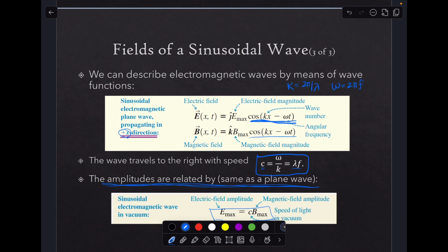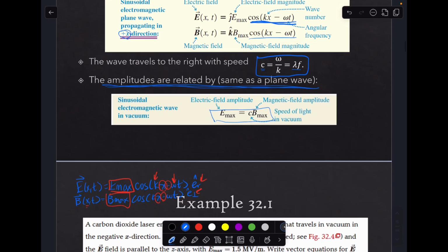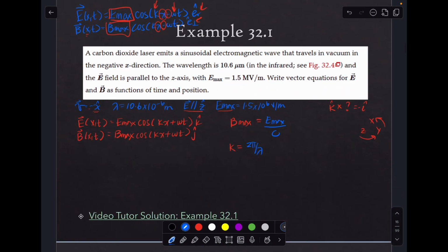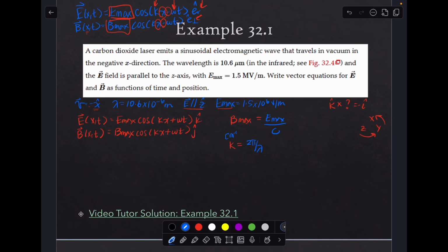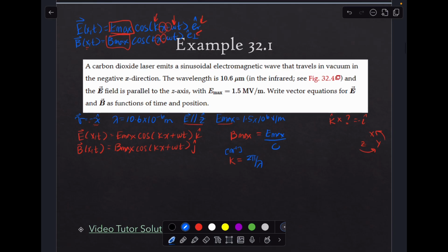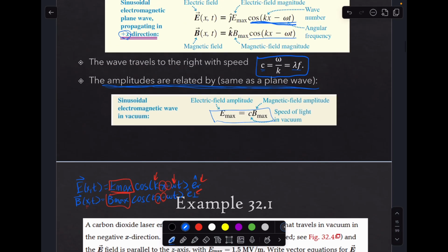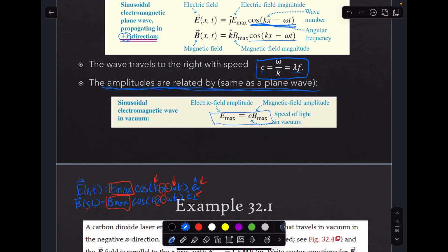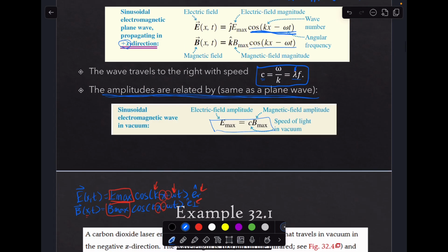I catch myself sometimes, catch my mistakes. So 2 pi over lambda. And I knew that. I checked myself because I know the units of k are inverse meters. So I knew lambda had to be in the denominator. And it also makes sense because multiplied together, they equal c, right? So if this is lambda over 2 pi.